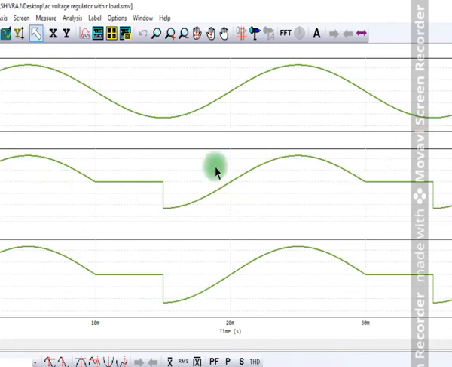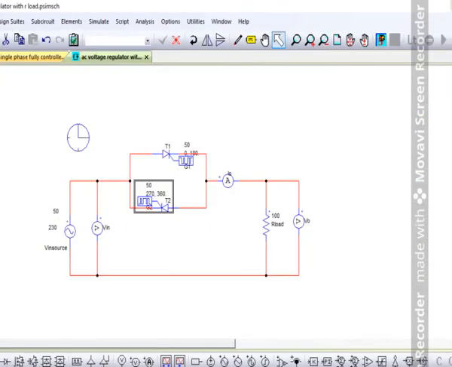Okay, so if you take a firing angle of more than 90 degree, what happens? It will again give the delay and then it will continue. Okay, so this is about the AC voltage regulator using resistance as the load. In this we tried to understand how the voltage and current have been measured.